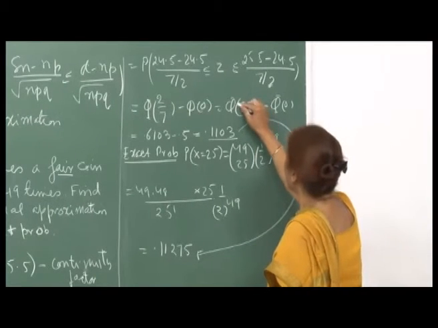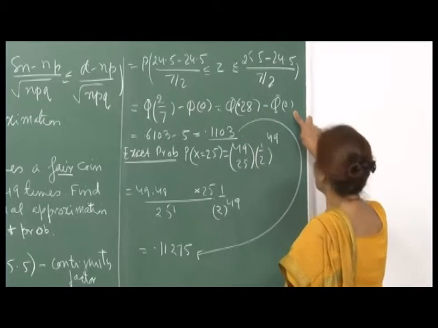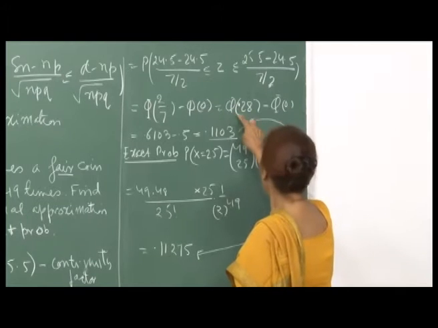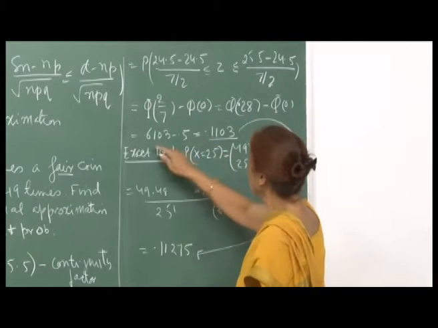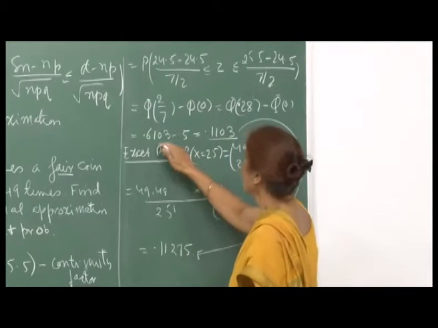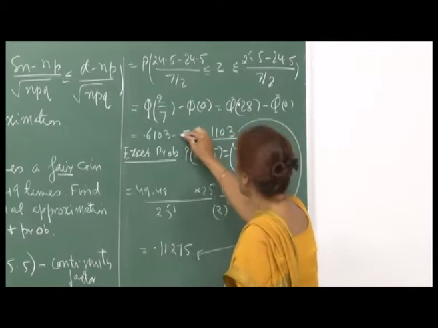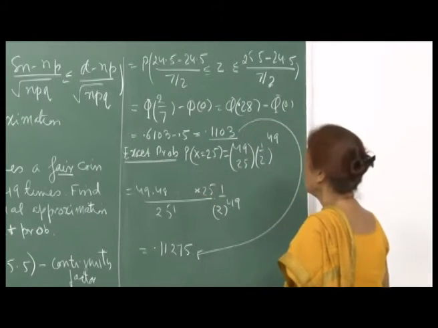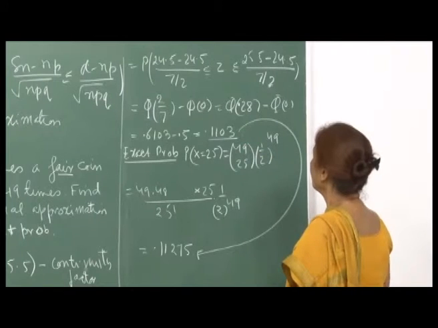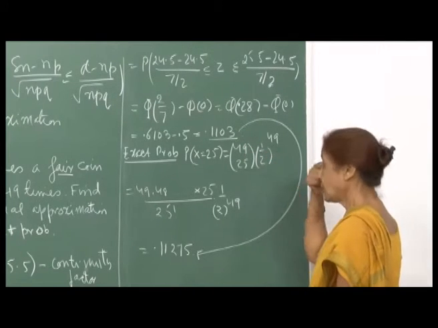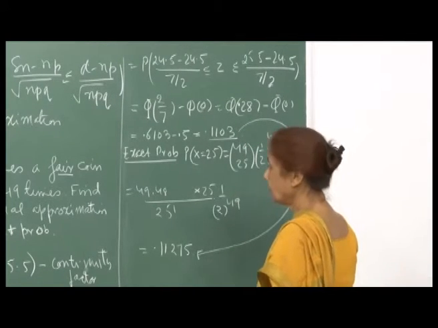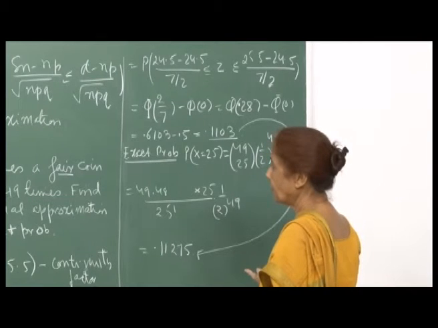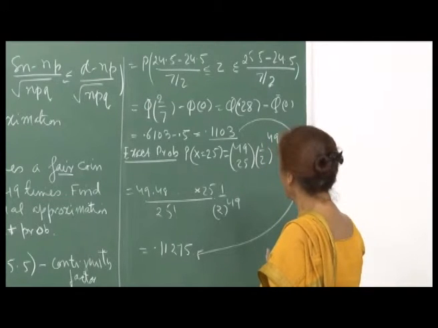Now, this is phi of 0.28 minus phi of 0, and phi of 0.28 from the normal tables is equal to 0.6103, minus 0.5. And so, this comes out to be 0.1103. So, this is the probability that we have obtained for x equal to 25 through a normal approximation.